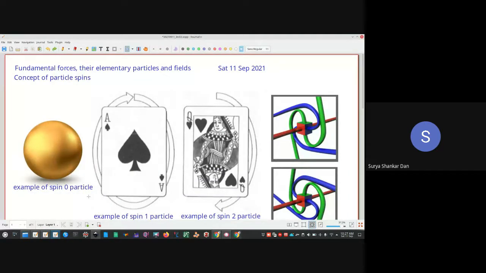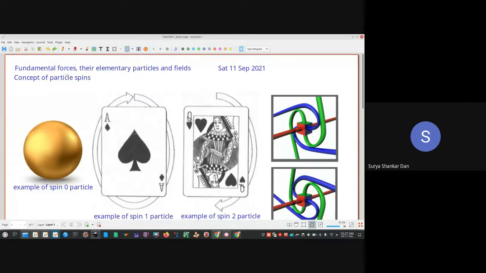Now, in nature, we have the forces, and later on, the scientists came up with the idea that all the forces are essentially because of certain elementary particles. What was known earlier than that was that every force will have some region of space around it where the influence of the force can be perceived.